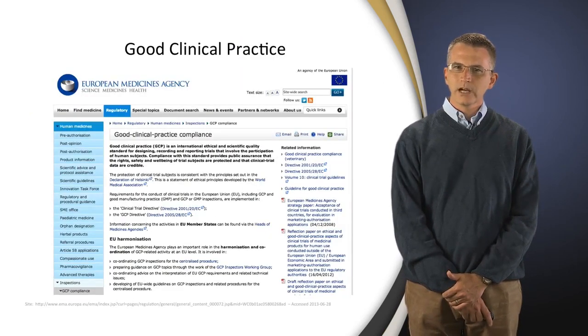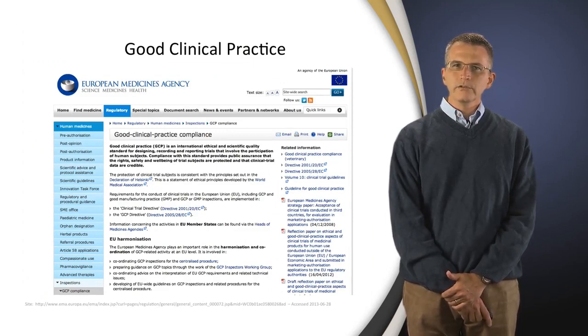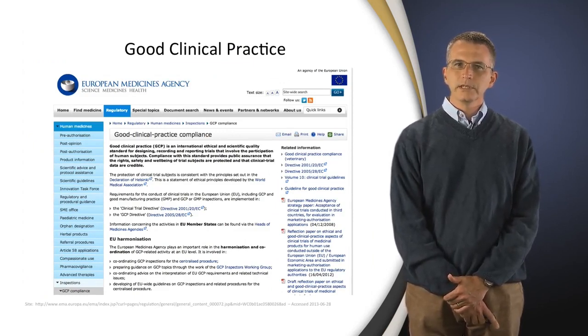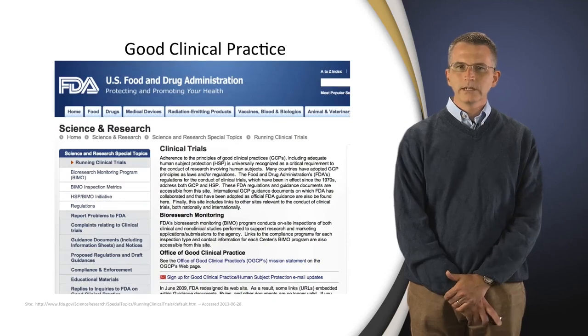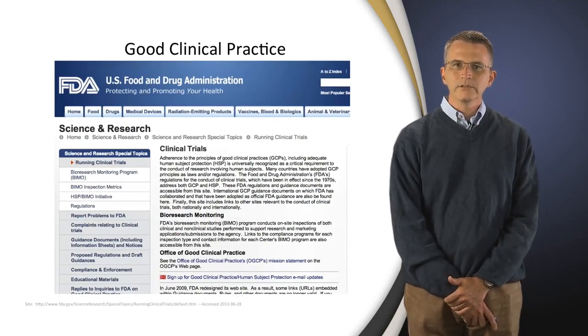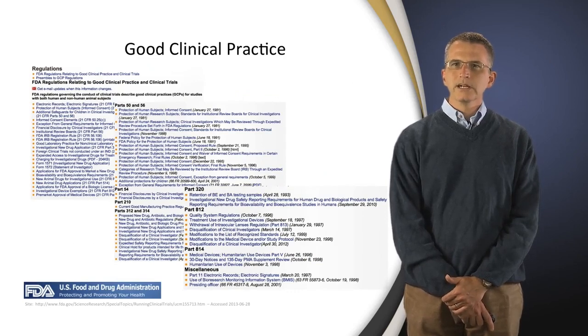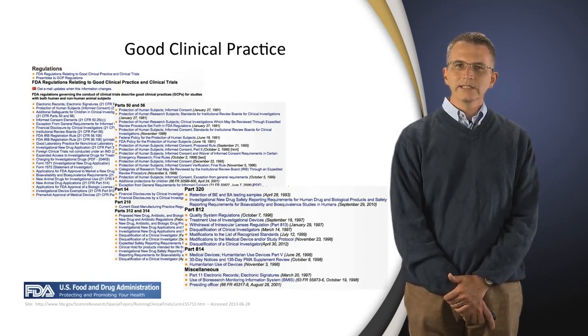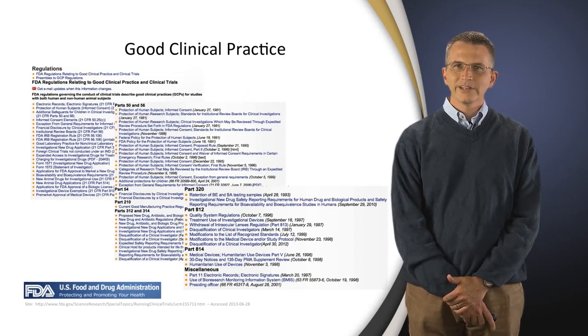Again, there is a lot of documentation out there. I've pulled up a website here from the European Union that talks about GCP, same sort of thing that I just showed you on the FDA site. Again, going back to the FDA site, there's a lot of information there. Within that specific FDA site, you look down at the different topical subcategories, and you see there's a lot of them.